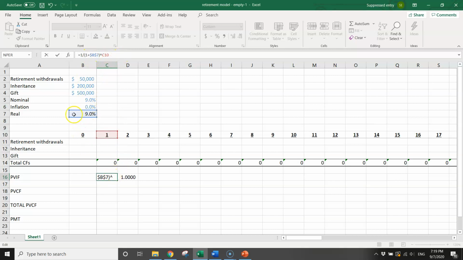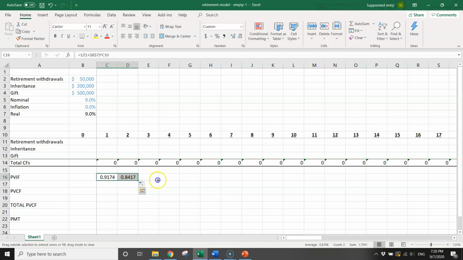Here we want to anchor the real interest rate value, and we want to change the period as the parameter. So if we do this extended calculation for the cell value of D16, it will use the parameters from the cell B7, and it will change the cell value of C10 to D10. So then it is 0.8417.